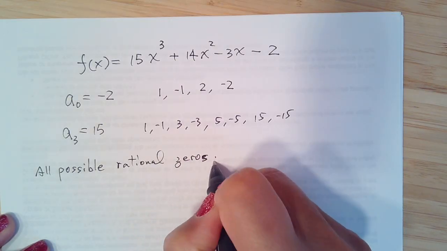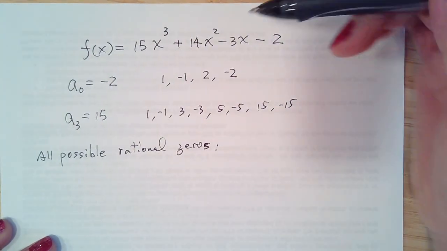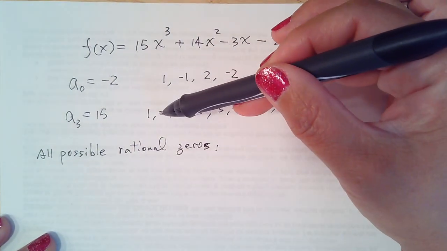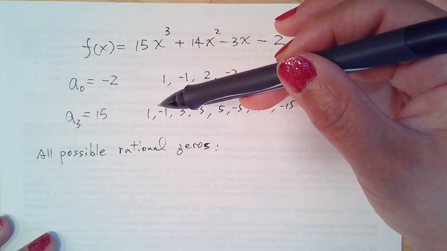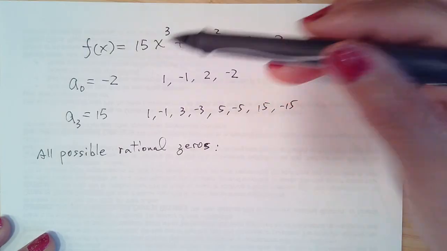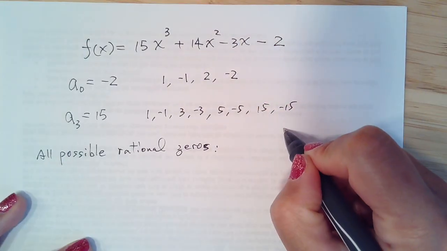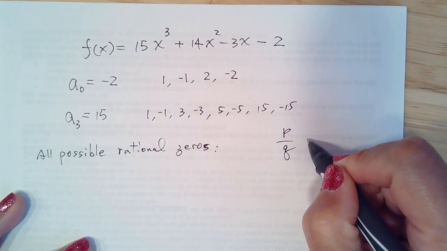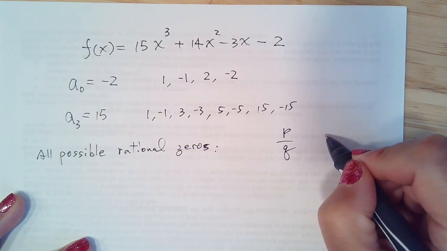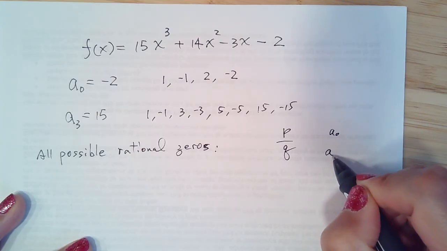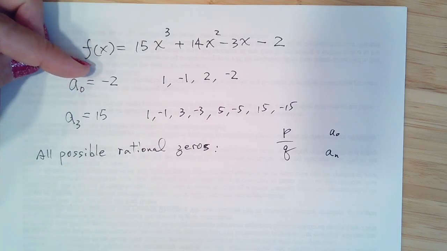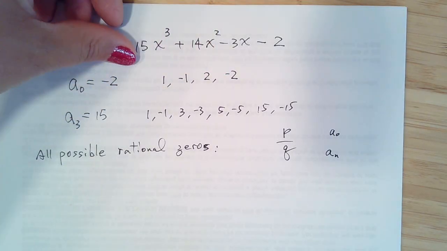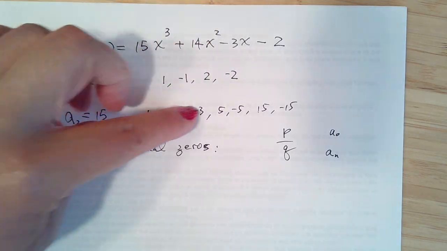I have to use P over Q. P is a factor of a0, and Q is a factor of an. So the top, the a0 part, could be 1 and 2, and the denominator could be this.